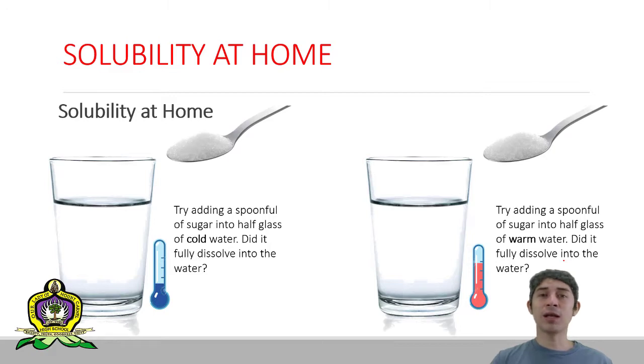And I know that my solution is saturated when no more sugar can dissolve into the water. That's when I know, hey, this is saturated already. And if I change the temperature, the saturation changes, the solubility changes. And this is more or less how we can see solubility, saturation at home.